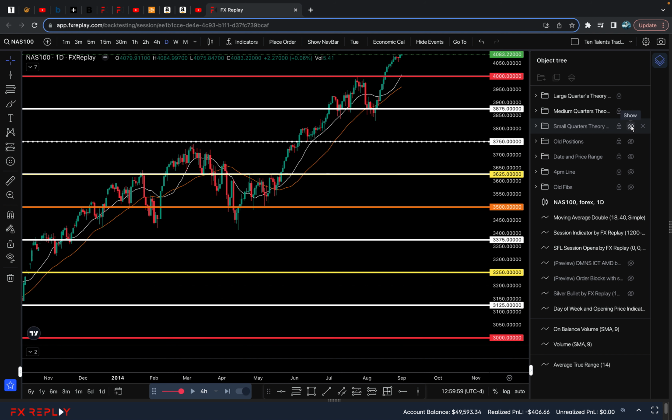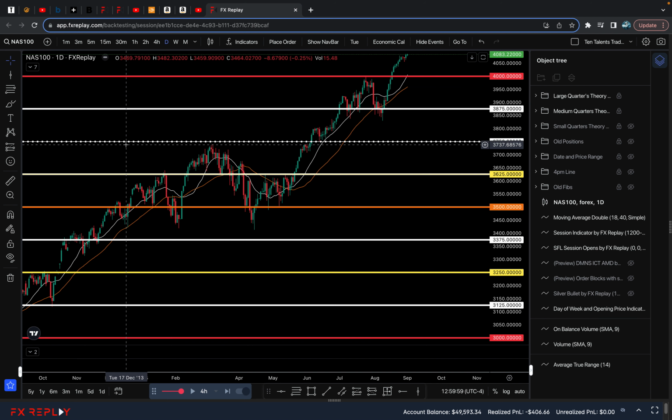So we're going to add the small quarter series level, and this could look a little bit, you know, it's not yellow, right? So you say, well, I'm going to add a yellow line. Well, the problem with that is, I don't know. Once you get used to it, it's like, okay, boom, you know what this level is.